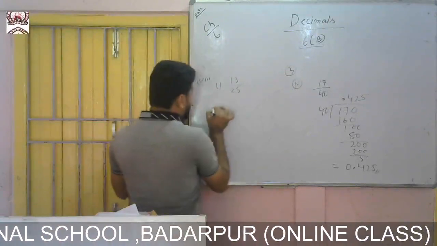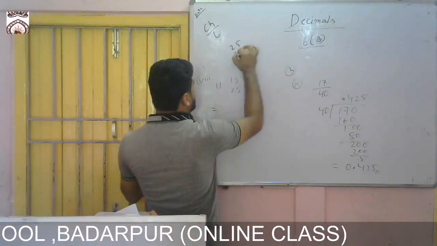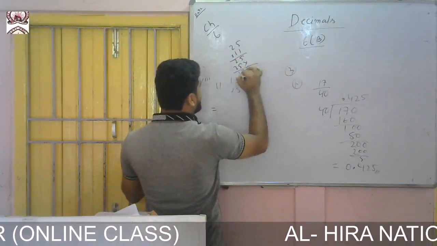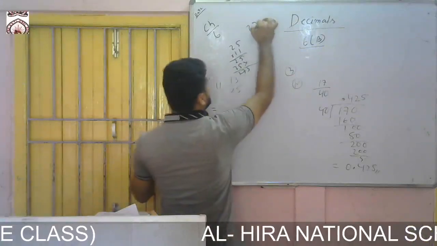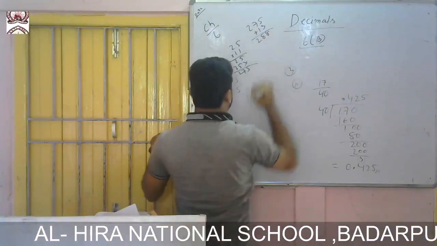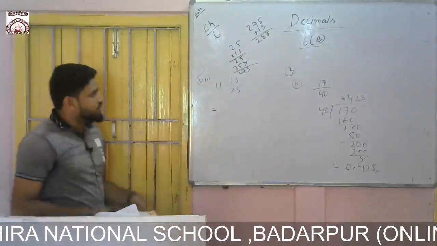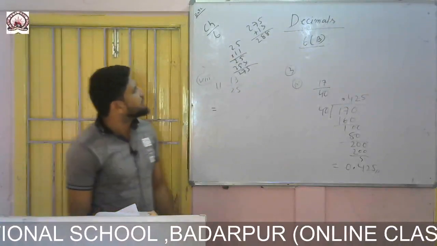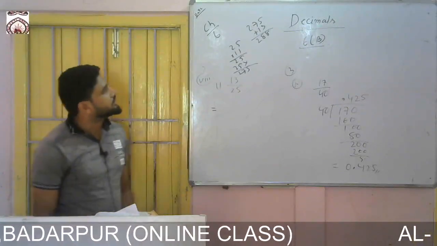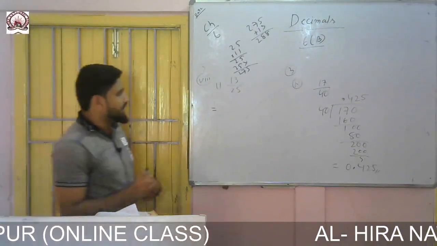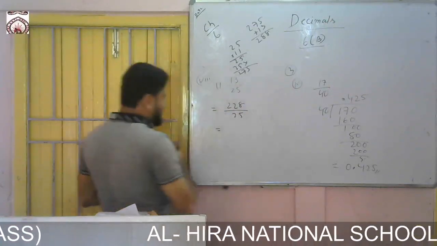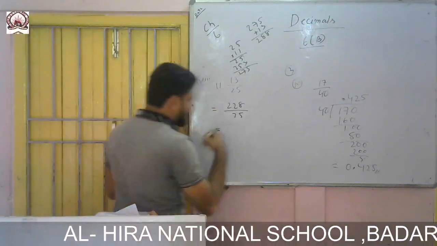Then it will be like this. 25 into 11, 275. 275 plus 13 will be 288. So 288 by 25. Now you divide.